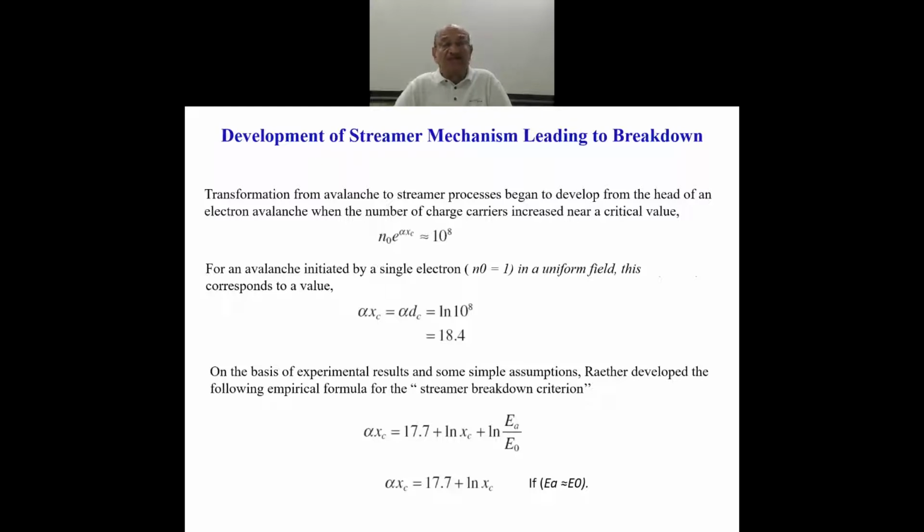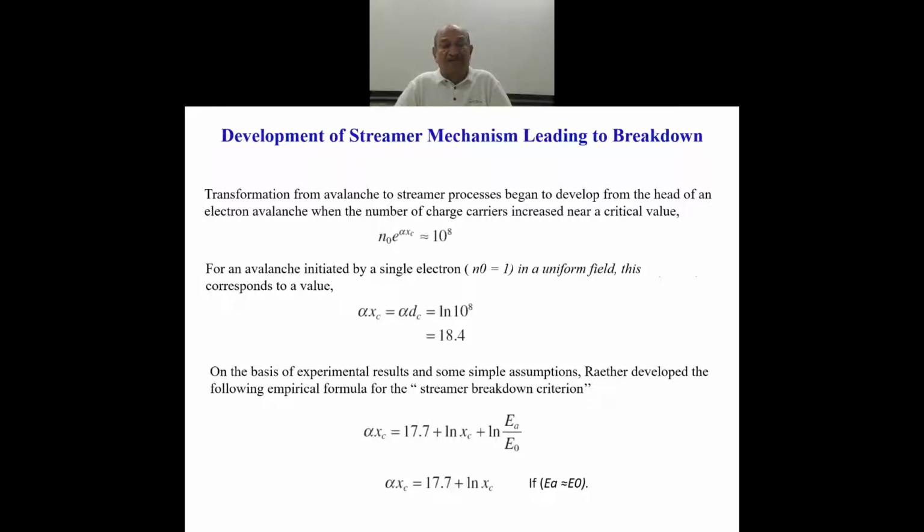The avalanche contains a number of charged particles: ions at the tail and electrons at the head.